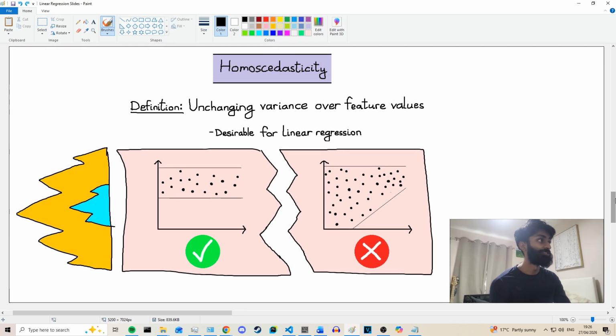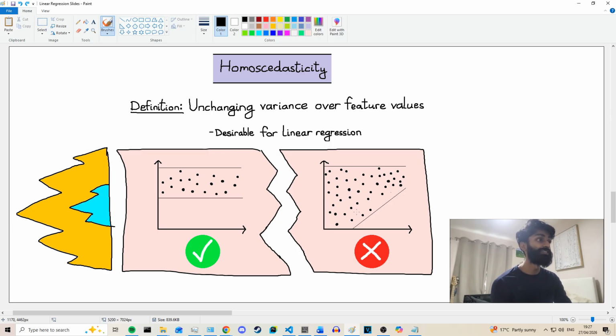So a bit of a tongue twister now, homoscedasticity. This just means that variance does not change over feature values. Here on the left, we've got a graph where variance does not change with feature value. This is represented with these horizontal lines, which show that no matter how you go along the x-axis, the points more or less are contained by these two lines and more or less take up most of the space within it.